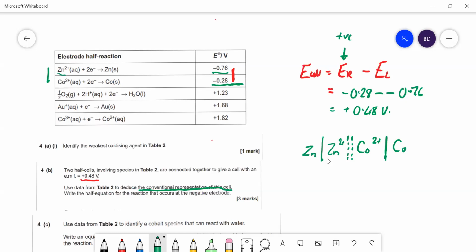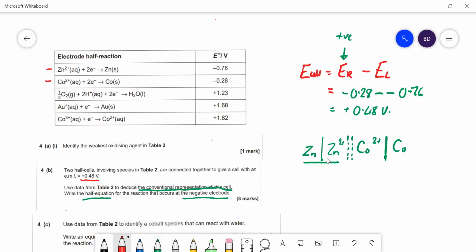And then it says write the half equation that occurs at the negative electrode. So which is the negative one? We've established it is the zinc one. Now, what direction is that going? Is it going forwards or backwards? Well, let's look at our two equations we're interested in, the zinc and the cobalt.